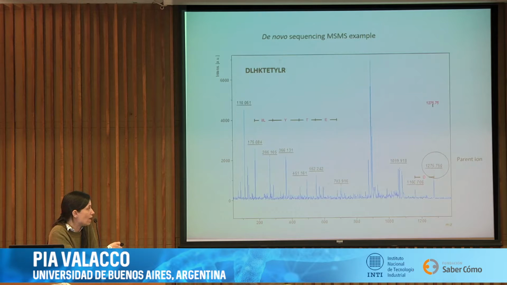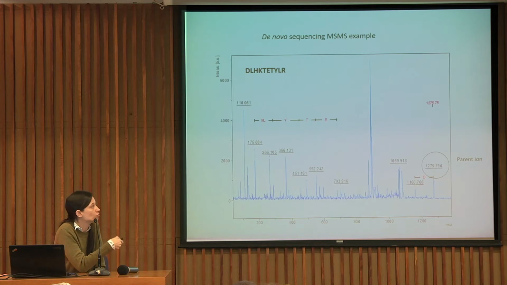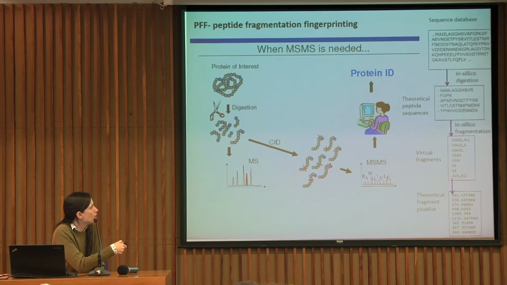This is called de novo sequencing, and fortunately we don't have to do it on a daily basis because we have software that does this automatically. But if you're working with organisms that haven't been sequenced, this is what you have to do.